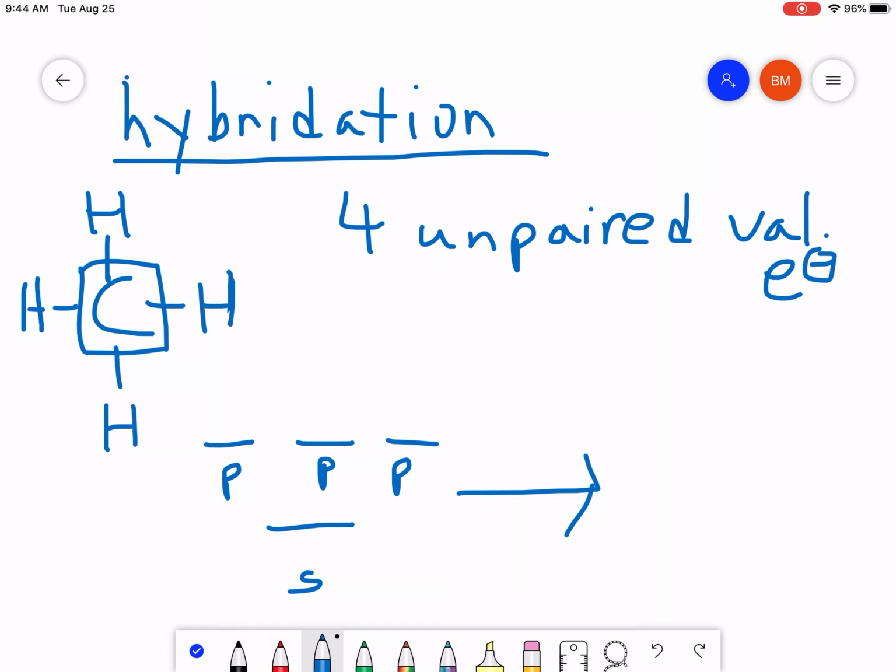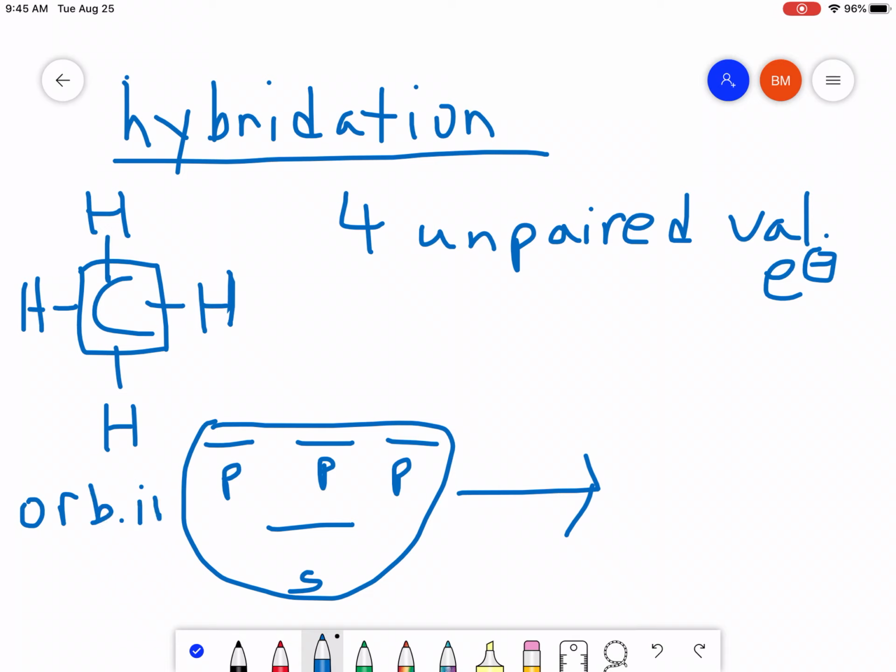So let's say all of these hybridize. These all smush together. There's a rule: when you hybridize, orbitals in equals orbitals out. That means that if you start off hybridizing 4 orbitals, like we do here with 1 s orbital and 3 p orbitals, that's a total of 4.